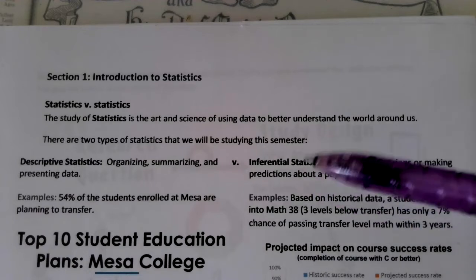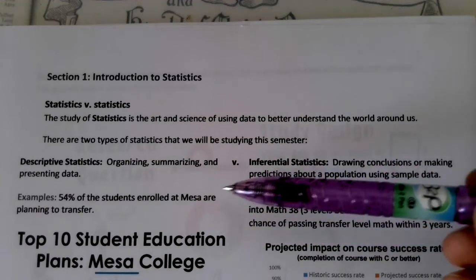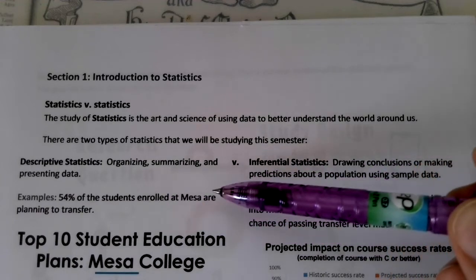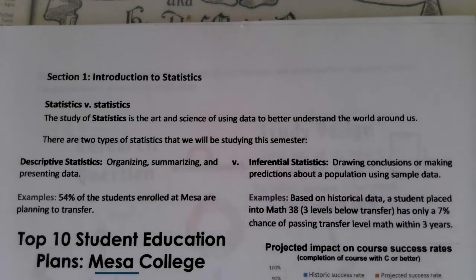So an example of descriptive statistics: 54% of the students enrolled at Mesa are planning to transfer. So that's just a fact that we got from collecting and analyzing that student information. And this fact is stated as is. We're not making any predictions. So this is a descriptive statistic.